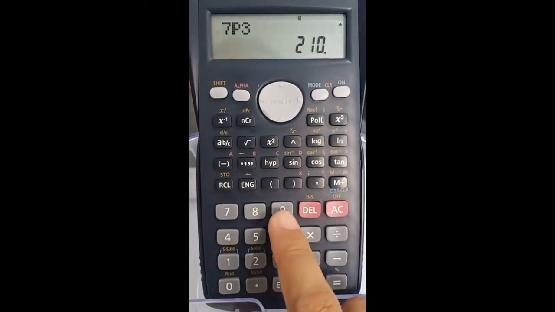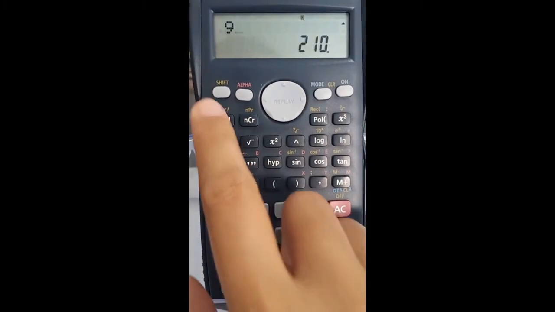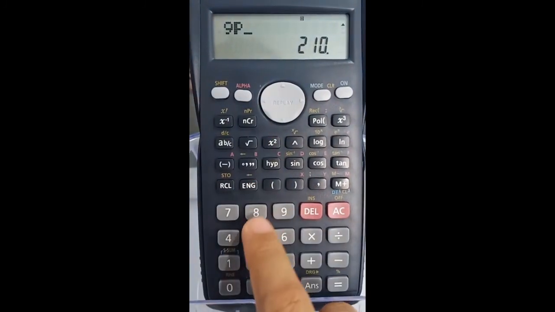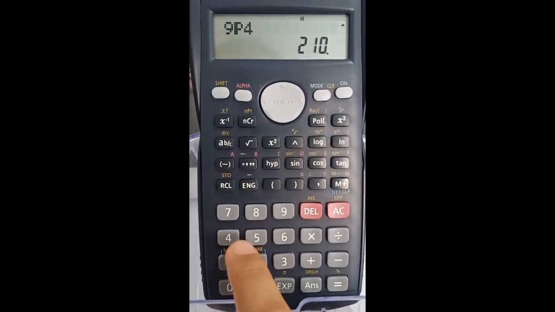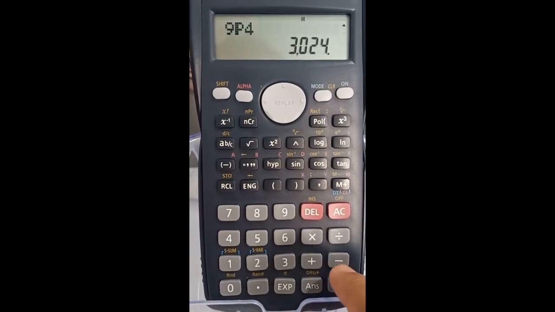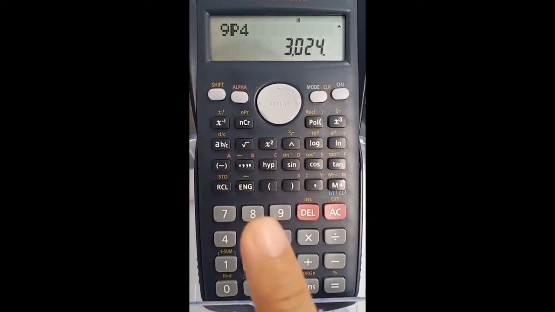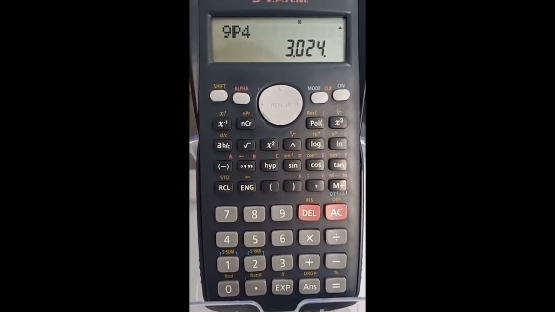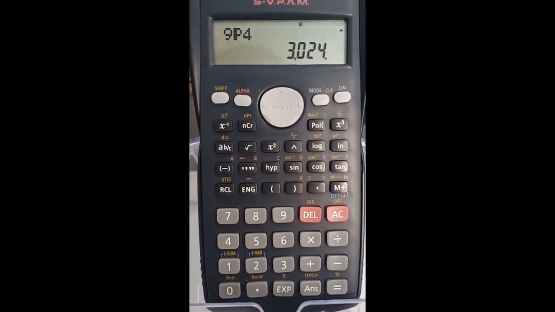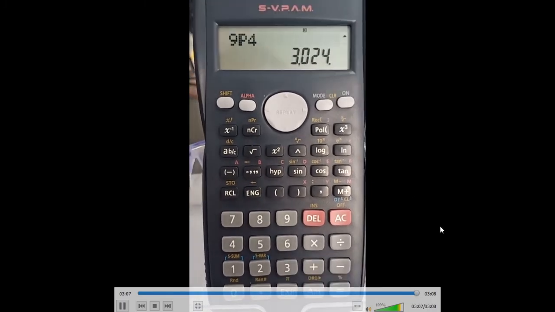Say, we have 9 things. The permutation of 9 things taken 4 at a time. 9P4. And then, equals. There are 3,024 ways on how to permute 9 things taken 4 at a time. Yun ang ibig sabihin nun. Okay? So, that's how you use your scientific calculator in computing permutations.